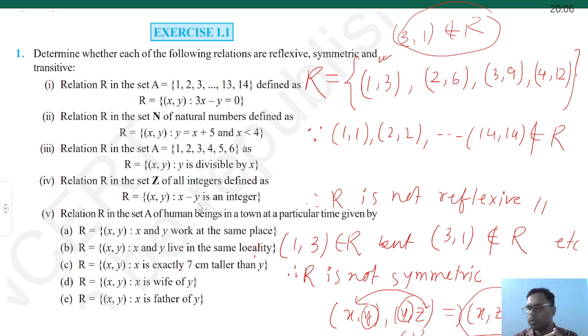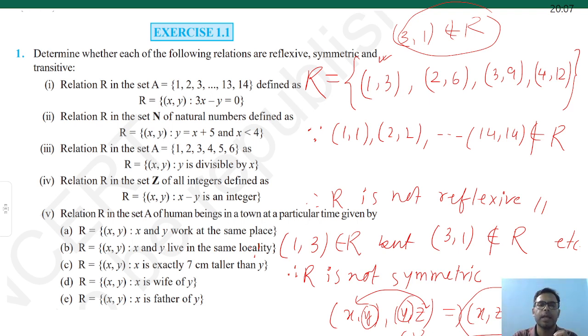And question number 5, these questions can be solved orally. See, x and y work at the same place. Here A is the set of all human beings in a town. Think about your locality, the town. All the persons in that town form the set A. From that set you can take two persons in the ordered pair if they are working at the same place, as per this question.